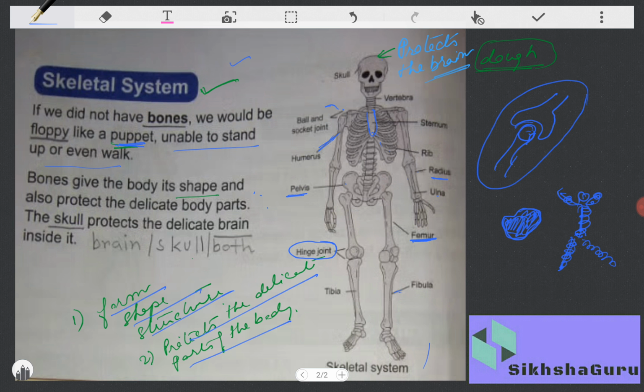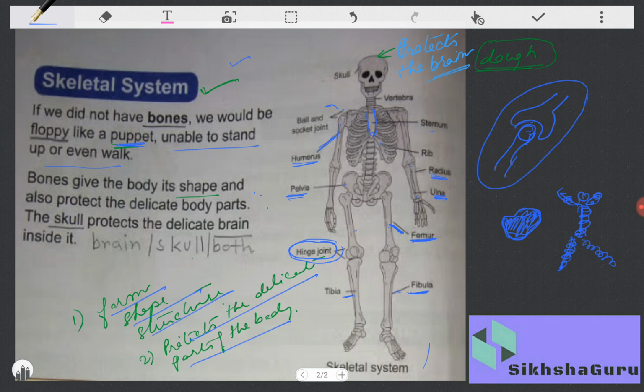This is the humerus bone of the hand. In the lower hand, this is the radius and ulna. This is the pelvis. This is the hinge joint. This is the femur, the upper part of the leg, and this is the tibia and the fibula.